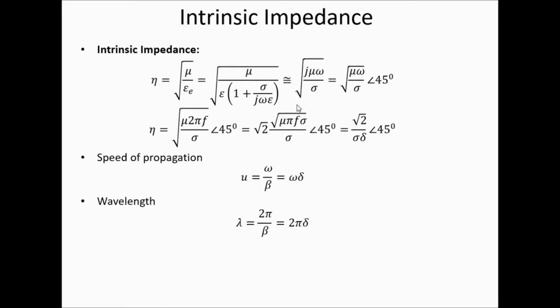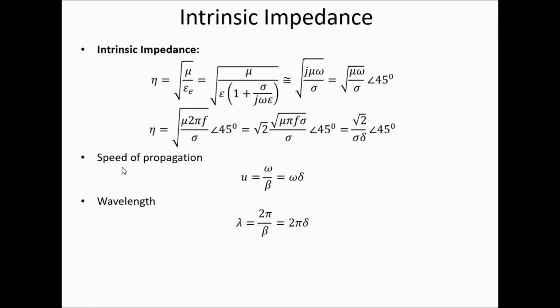This value is basically the skin depth. So we can write square root of 2 over sigma times the skin depth delta, angle 45 degrees. The expression we obtain here is the intrinsic impedance for a good conductor.